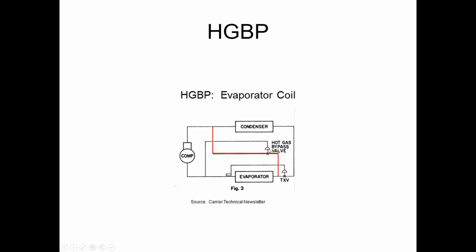And most of these hot gas bypass valves are somewhere between 2 and 7 tons of capacity they can offer to the system. So basically you size the pipe off the tonnage of the valve. If you've got a 7-ton capacity hot gas bypass valve, then you size this pipe for 7 tons, which usually is around 5/8 or 7/8, somewhere around there. So that's how that all works.